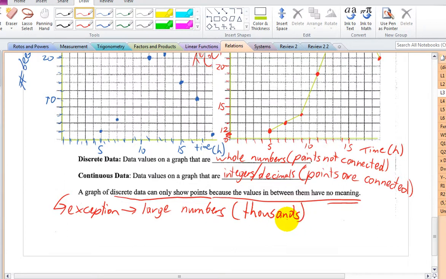So if I'm selling thousands of water bottles, if I'm plotting 1,000 and 2,000 water bottles sold, well, it would make sense to connect the dots then because there's numbers in between, right? That does make sense. Okay, so you'll see that once in a while. So what you need to do is ask yourself, should this be whole numbers? If it's whole numbers, don't connect the dots.